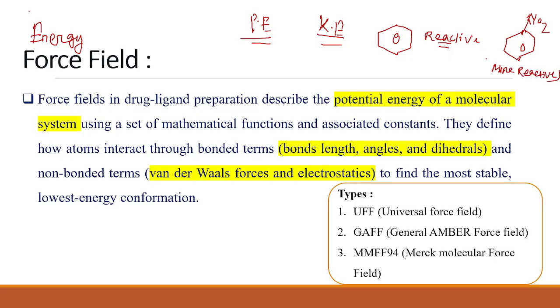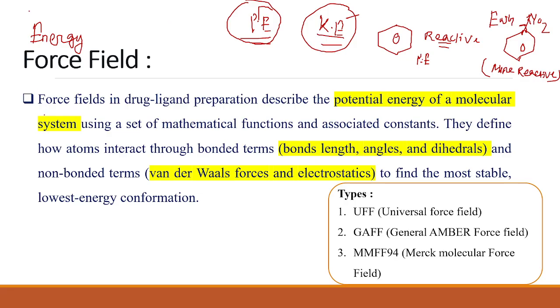So by this example, you can understand that this benzene has its own potential energy for the reaction. But when I add the nitro group, which is an electron withdrawing group, it will pull the electron cloud toward itself and make the benzene more reactive. So that is the kinetic energy, and this benzene is purely the potential energy. So this is the difference between the potential energy and kinetic energy.